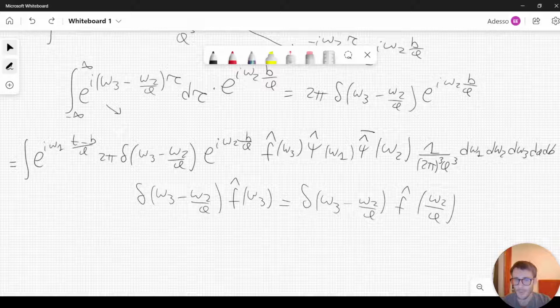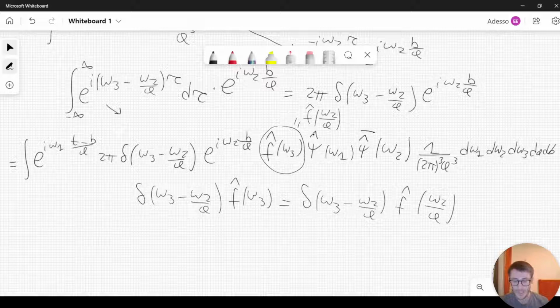So this is what this equation tells me. And basically that's what I'm going to do. I'm going to replace f hat of omega 3 with f hat of omega 2 over a due to the property of the Dirac delta.